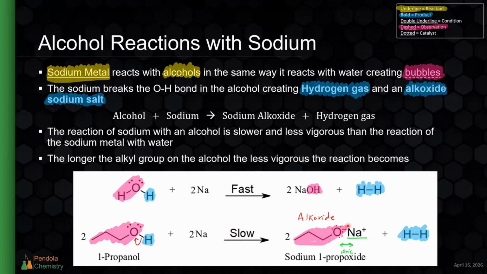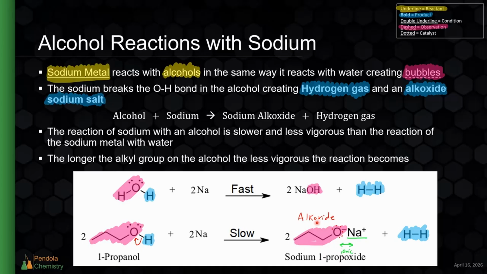The sodium ion, which is just a normal ion as we've seen before, is charged positively, so it's going to be attracted to a negatively charged alkoxide ion, creating an ionic bond. So this compound, what we call an alkoxide sodium salt, is going to be ionically bonded between the ions, but the alkoxide ion is going to be covalently bonded in general.